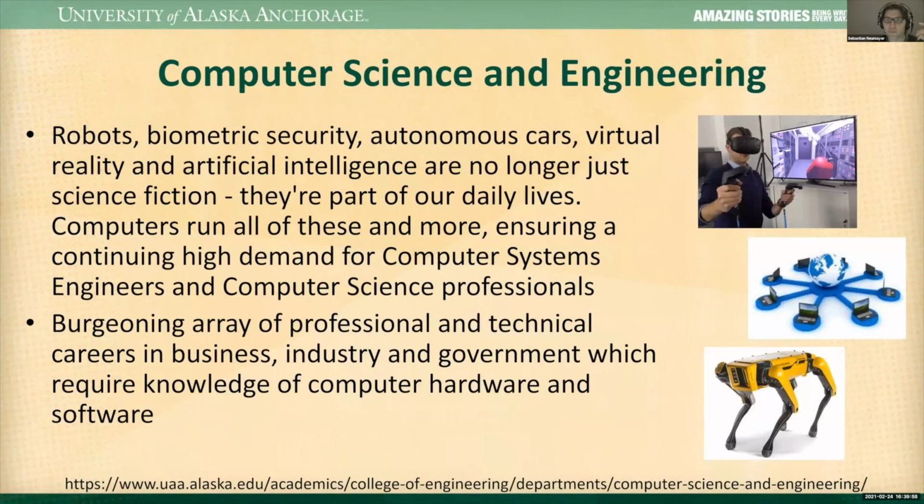And so for computer science and engineering, I think I gave you a pretty good flavor of some of the stuff that we look at in our classes. But once you learn that stuff, what can you do with it? Well, you can help program robots. There's biometric security. So how do you convert a fingerprint to a number? Autonomous cars, virtual reality. There's a lot of computer graphics stuff and math that goes on in that.